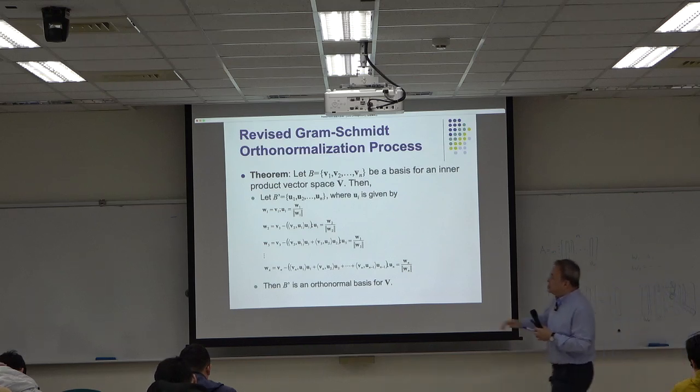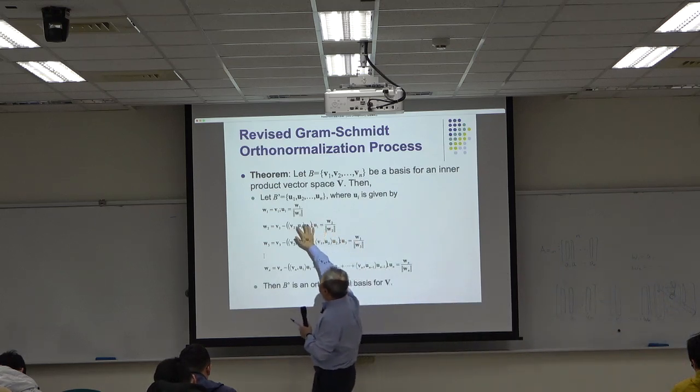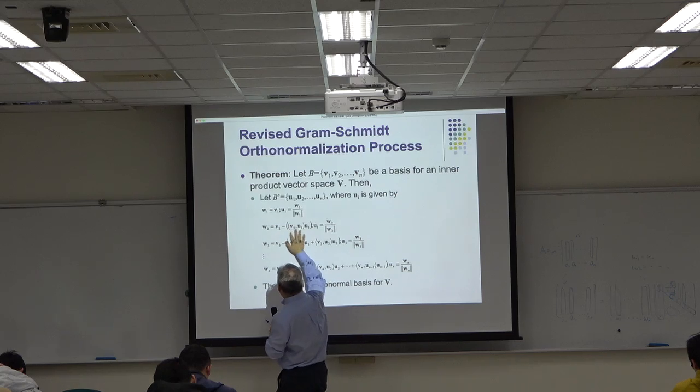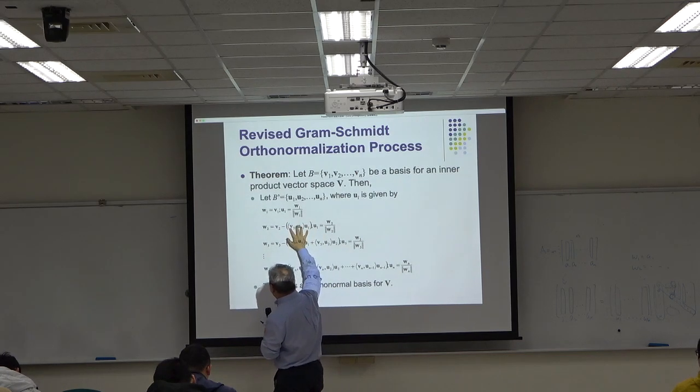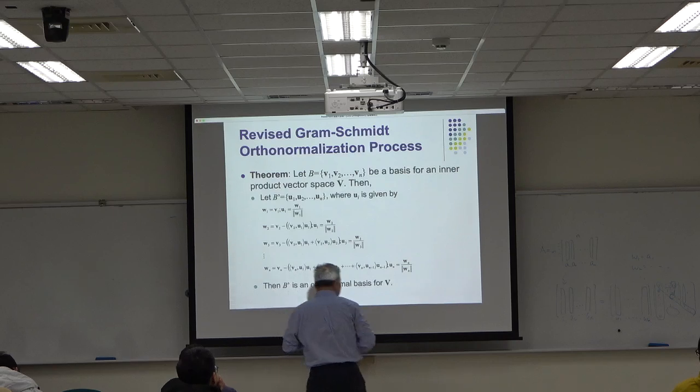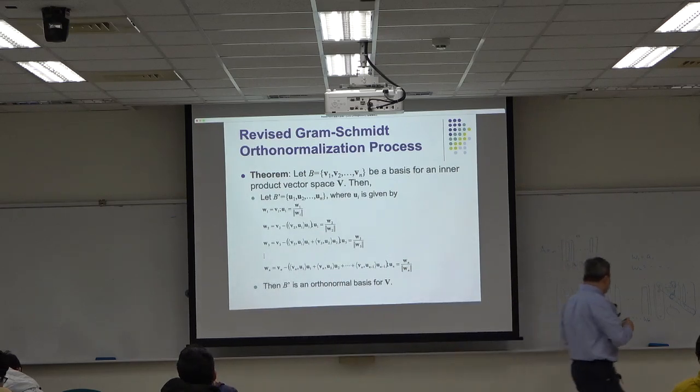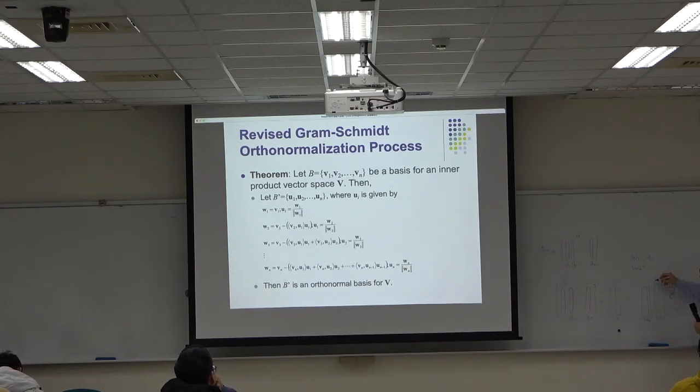We move this minus the projection part to the other side. The other arguments remain the same, so we still get this upper triangular matrix as your R.